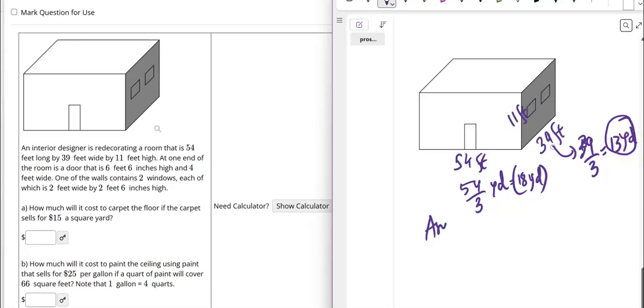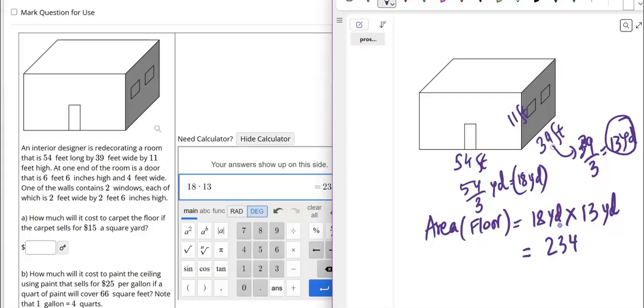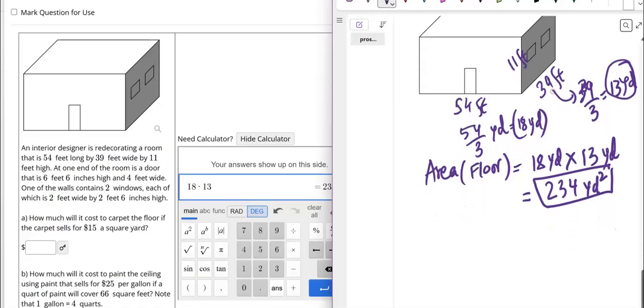So what's the area of the floor? The area of the floor is 18 yards length times 13 yards width. If you multiply, this gives you 234 yards to the power of two, which we can call square yards. So this much area we need to carpet.